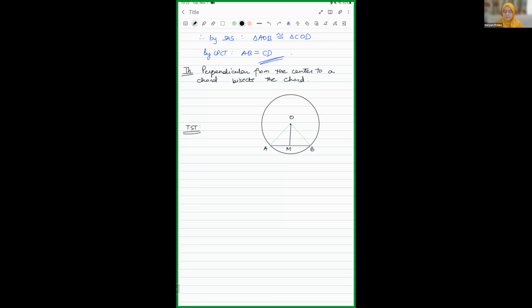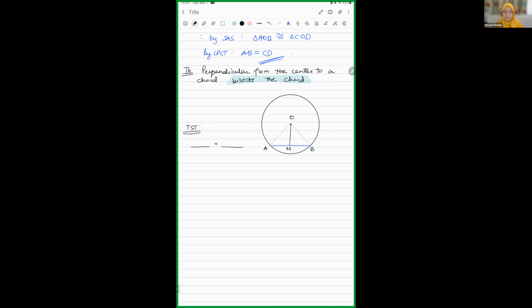Okay, now tell me, to show that it bisects the chord, numerically, what do you need to show? I gave you a hint: something is equal to something.